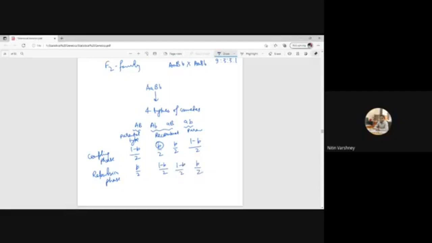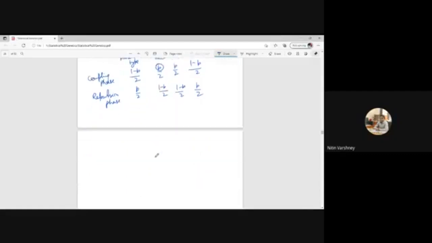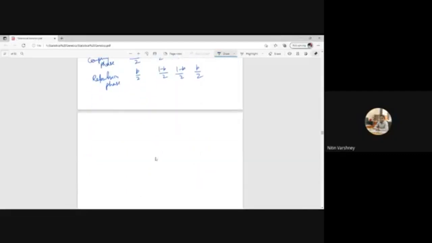Okay. So now if we consider male and female different, the combination will be capital A, capital B, and small a, small b. Now for male, it will be 1 minus Pm by 2, Pm by 2, Pm by 2, 1 minus Pm by 2, if this is in coupling phase.